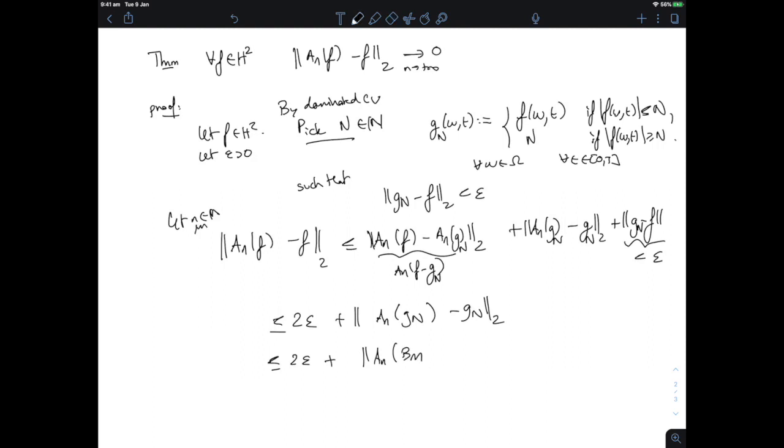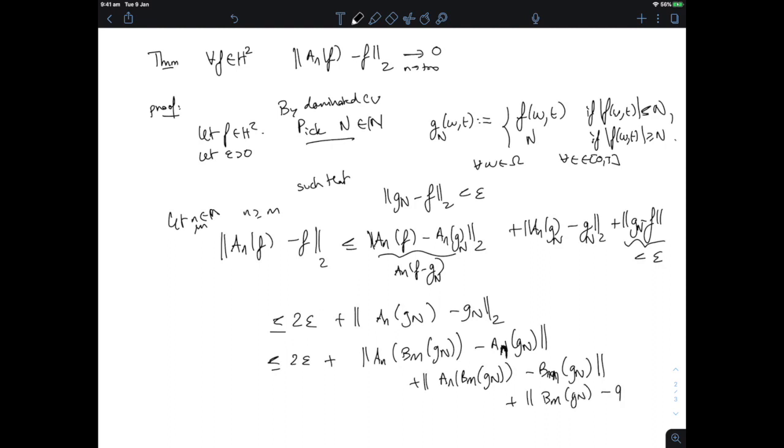So I'm going to take an n and an m, and my n is going to be greater than m. An of Bm of g_N minus A_N of g_N, and then plus An Bm of g_N minus Bm of g_N that I know goes to 0, and then plus Bm of g_N.